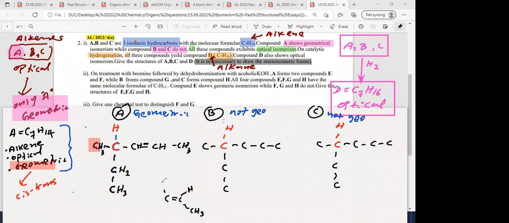Here around this also, this side hydrogen, and this side this entire thing, this entire group. That is this carbon. Okay, if you want, I'll draw it.